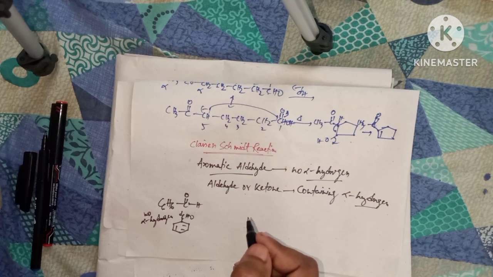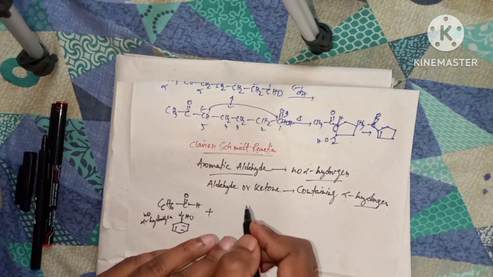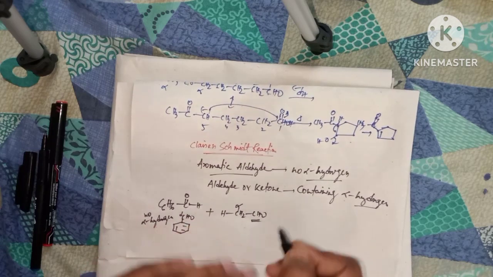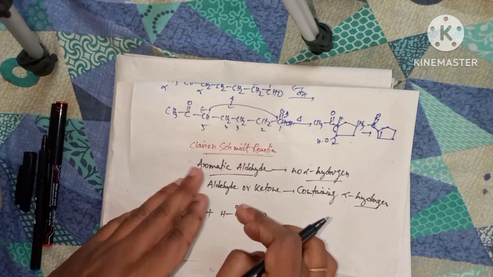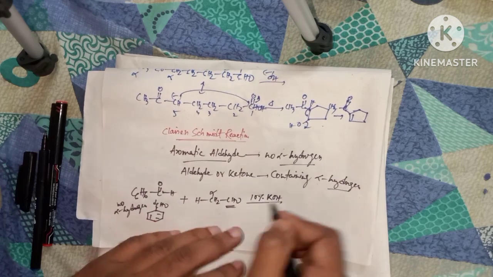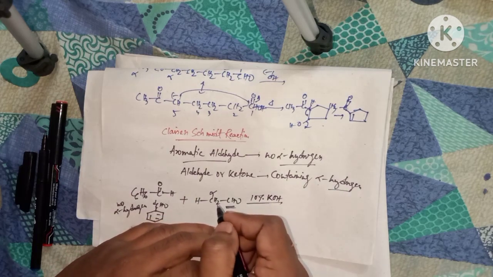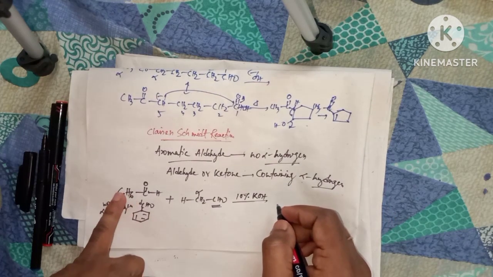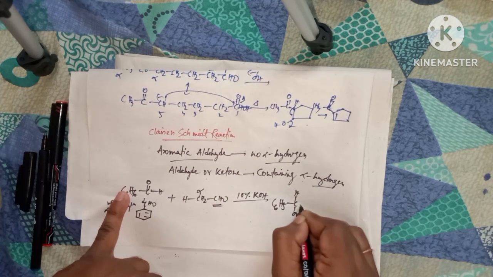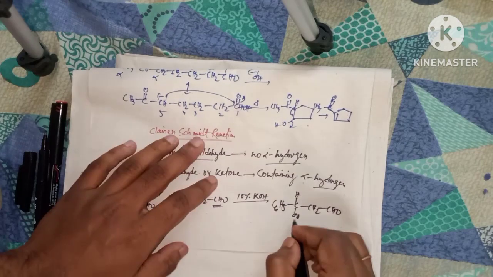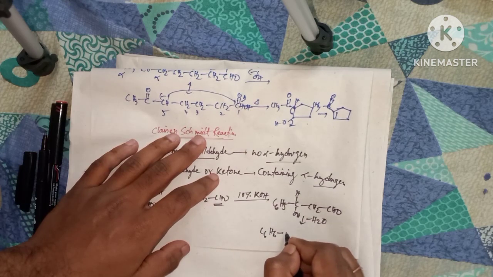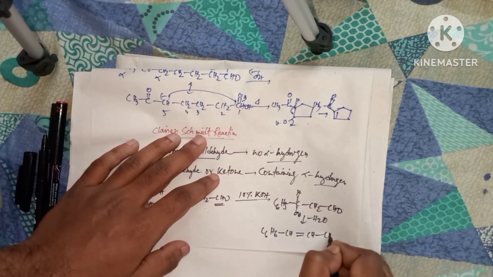The carbon next to the functional group CHO is called the alpha carbon, and the alpha hydrogen is present there. In the presence of 10% KOH, a dilute solution of base, it forms just like the aldol condensation reaction, C6H5CH(OH)CH2CHO, and minus H2O it forms C6H5CH double bond CHCHO. This is the reaction.